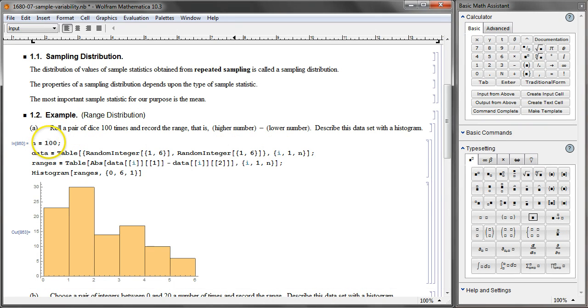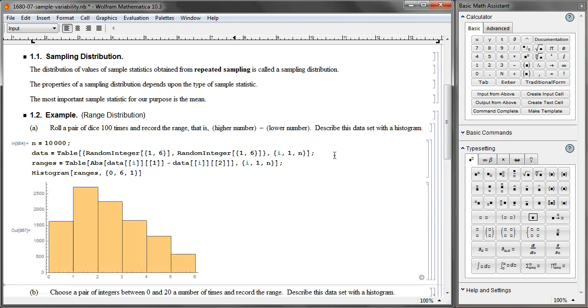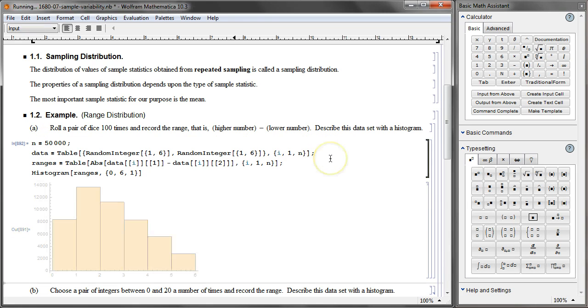But if we increase the number of repetitions, let's see what happens. Do you see a definite pattern? Oh yes, because we have this kind of nice linear decrease and it doesn't change much each time I run. Let's increase the number of repetitions to 50,000. Not much change. In short, we just found a definite pattern here.